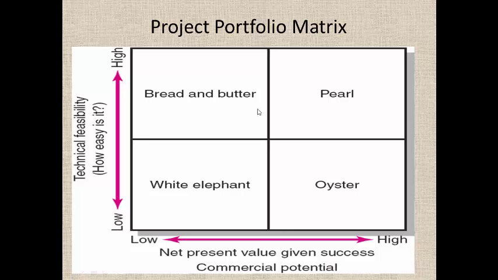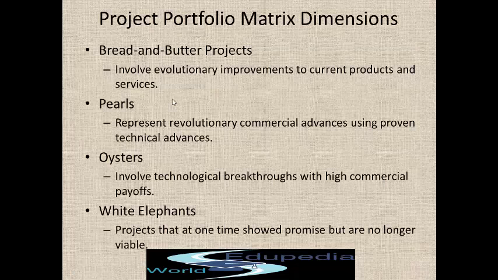So these are bread and butter kind of projects: maintenance, support, operational projects basically. Bread and butter is evolutionary improvements to current products and services, so mostly operational and evolutionary improvement projects.